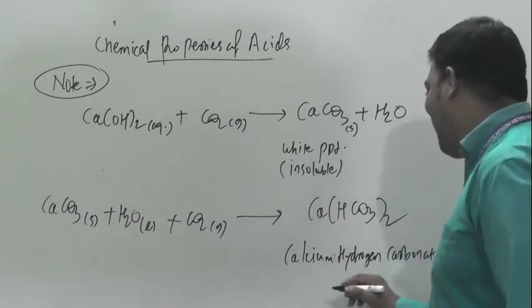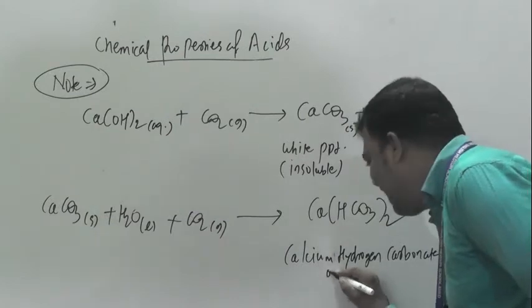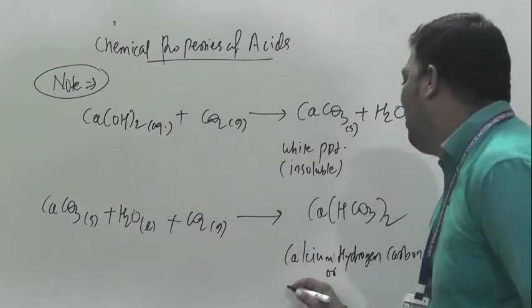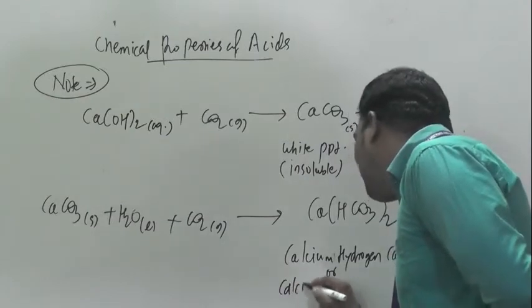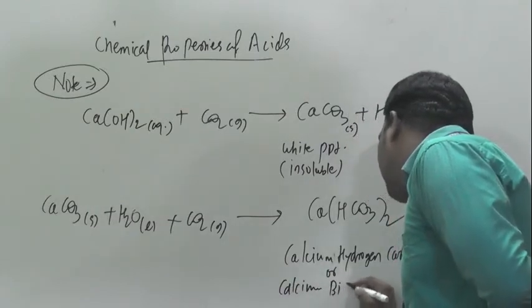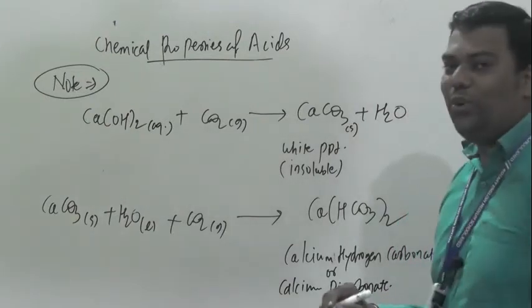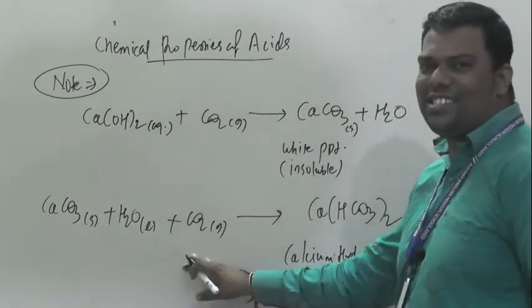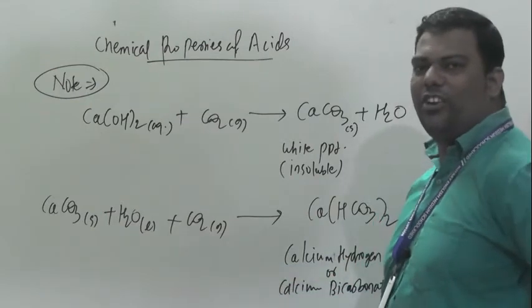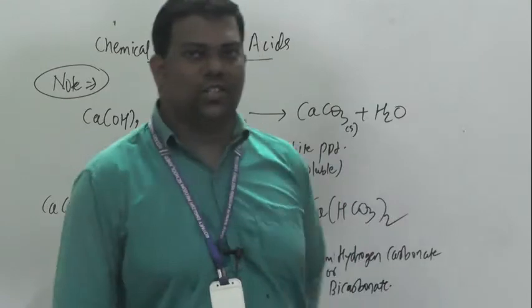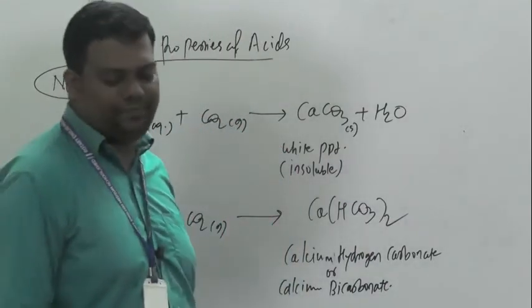So if you pass CO2 gas, the precipitate slowly disappears.